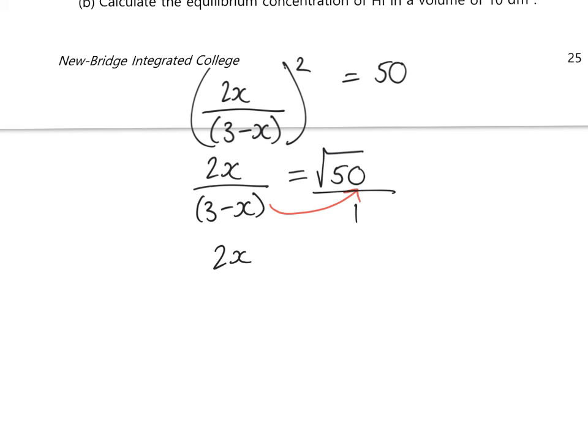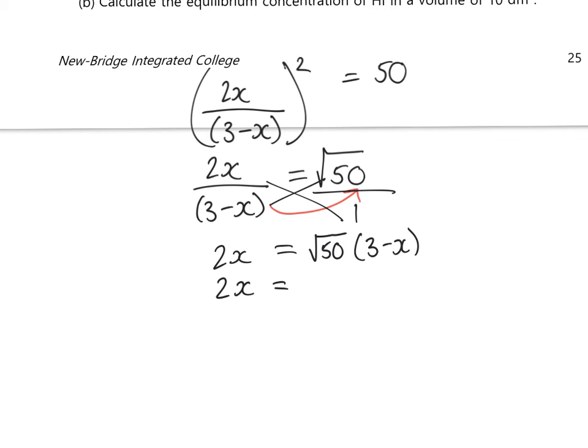So I'm doing 2x times 1, which is 2x, and then 3 minus x times the square root of 50. I'm keeping the square root of 50 in because it makes it a wee bit more accurate for now. Now I'm going to multiply that out.